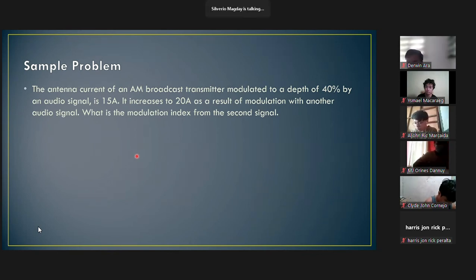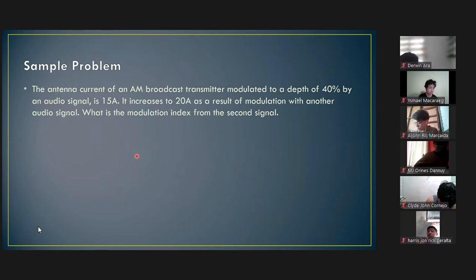Ano pong sagot? Square root of 1 plus. So 1.5? 1.5. How about the others?